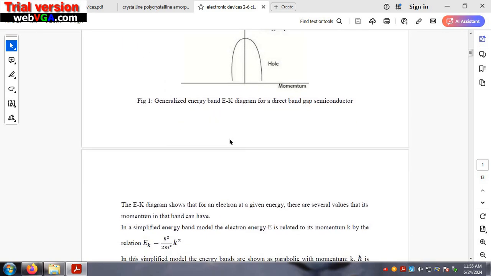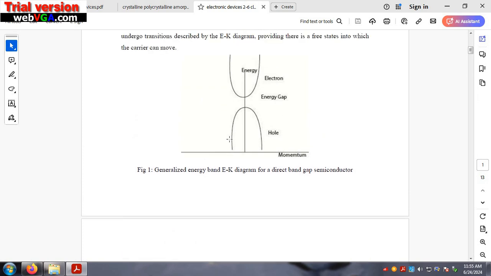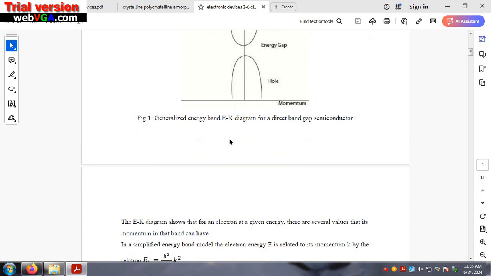So in this particular E-k diagram, if we consider the momentum along the x-axis and energy along the y-axis, then you will find that for a particular energy there are several values of momentum.